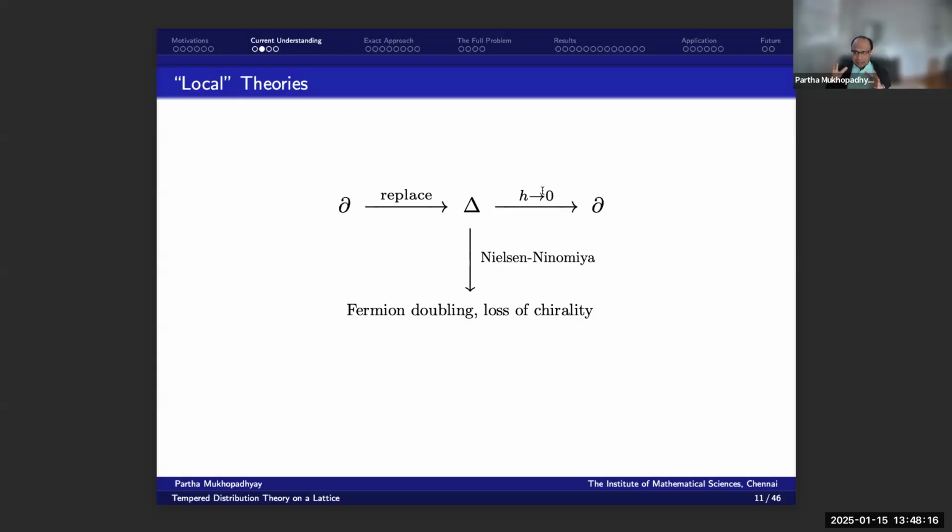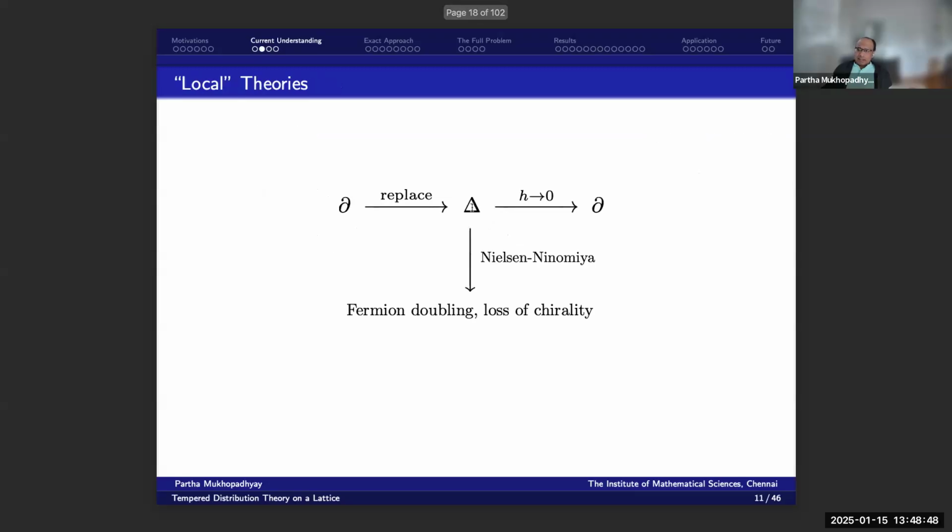So we hope that the theory written in terms of the difference operator will go back to the continuum theory when we take the h going to zero limit. After doing all the calculations, we are using the difference operator only in the middle. And the Nielsen-Ninomiya theorem says that this is precisely not true, because at finite h you have fermion doublings and loss of chirality, and these properties will not be washed away when we take h going to zero.